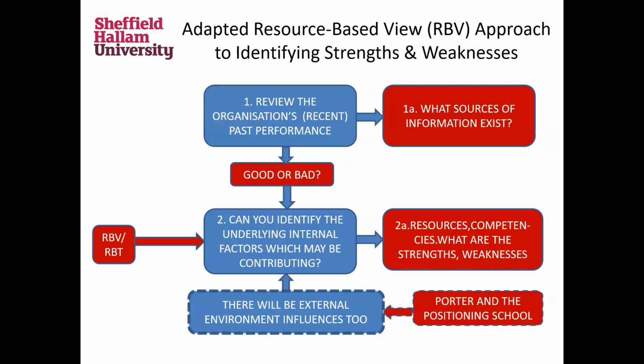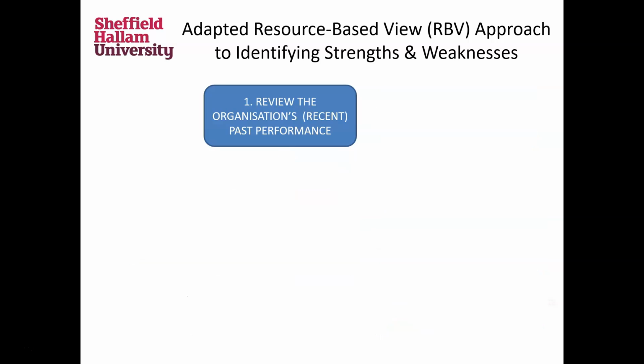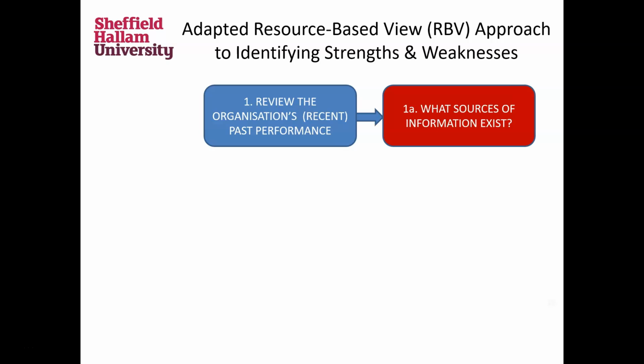So I showed you this diagram before. I said that what you as students could do is, if we begin up at 1, we need to review the organisation's recent past performance. Now, to be able to do that, we need to identify what sources of information exist about the organisation's past performance.